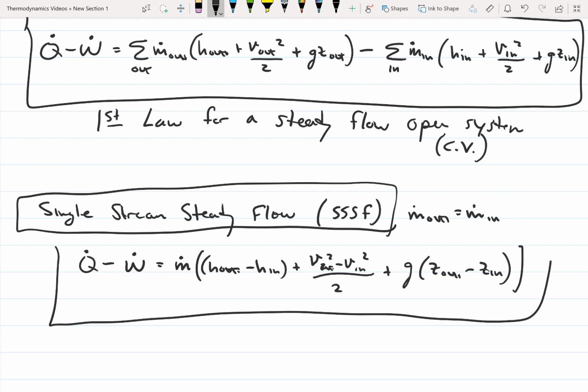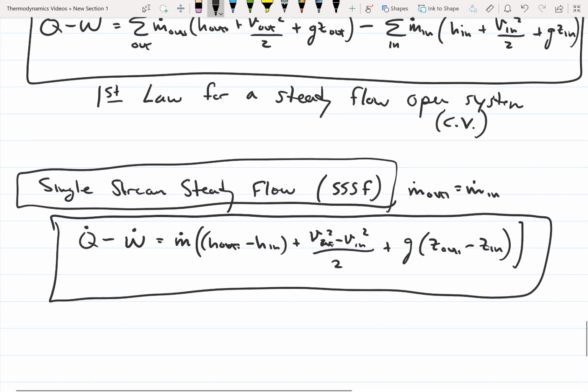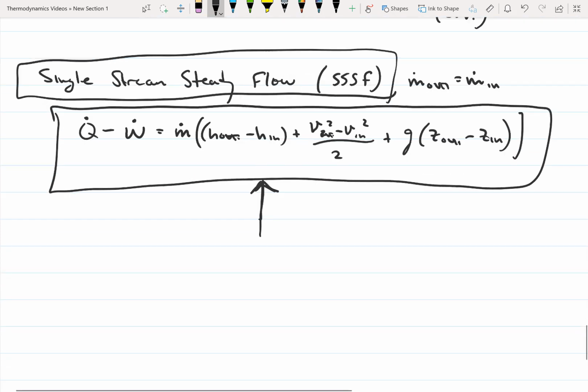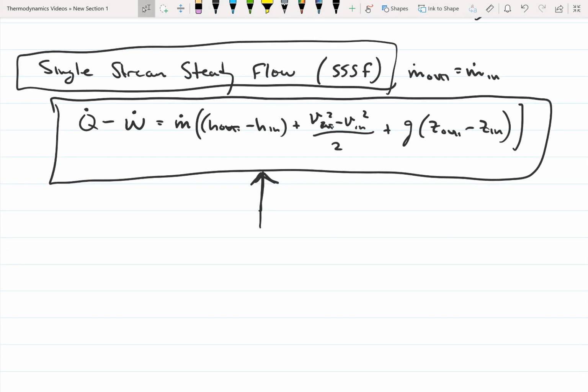So this is the first law for a single stream steady flow. And this is probably the most common equation used. If you're given a power or a rate of heat transfer, you're going to want to use this equation, assuming that you have a single stream and that it's steady flow, which is a really common case for a lot of engineering systems.